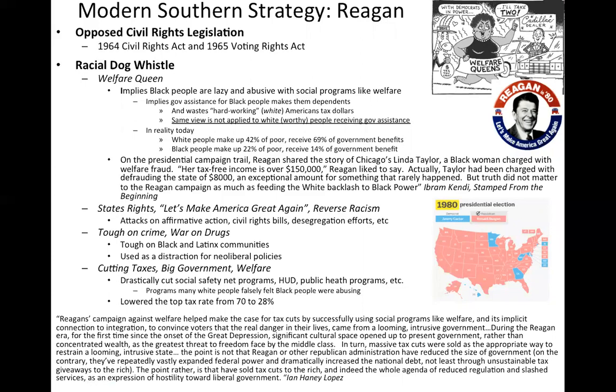It wasn't anything like what he was mentioning, but he exaggerated it because he knew there was this anti-Black narrative implying that Black people were lazy and abusive with social programs, and undeserving. White people were deserving, but Black people, especially Black women, needed to work. They were just going to abuse the system and be on welfare.